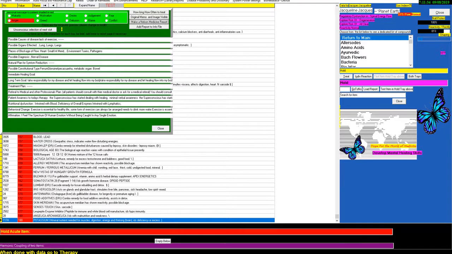So what does the system tell me? That the cause could be the lack of exercise, and the possible organ here is the lungs, oh la la, the lungs. Then some blockage, some indication, and then it will tell me the metabolic organ here.